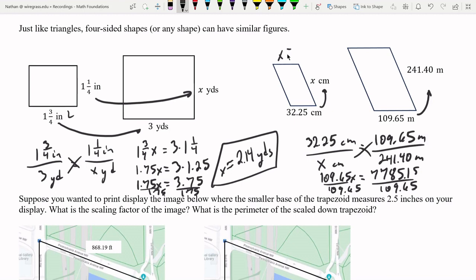Okay, and that gives me x equal to 71. And that's going to be in centimeters since that's the unit of measurement we have there.